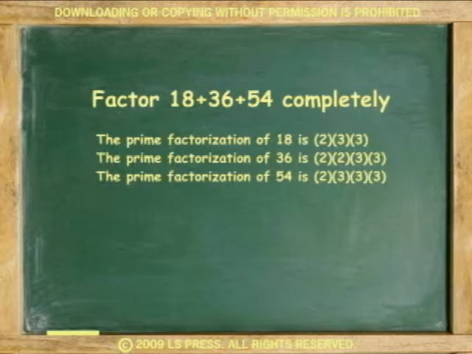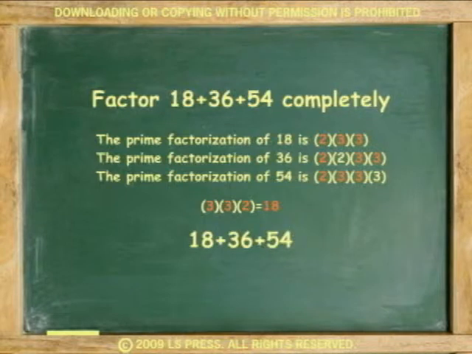The prime factorization of 54 is 2, 3, 3, and 3. 2 is common to all three numbers once. 3 is common to all three numbers twice. 3 times 3 equals 9. 9 times 2 equals 18. 18 is the largest common factor of 18, 36, and 54.